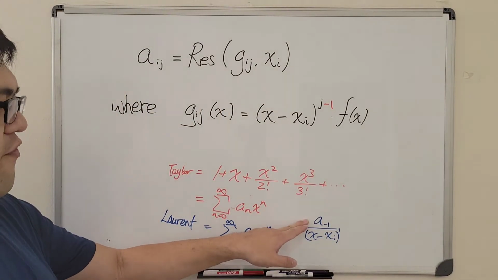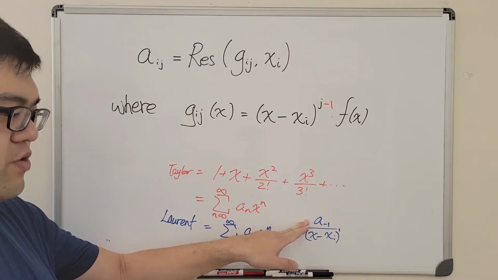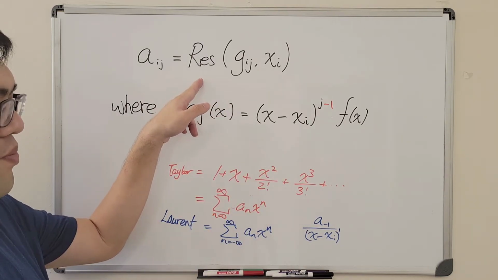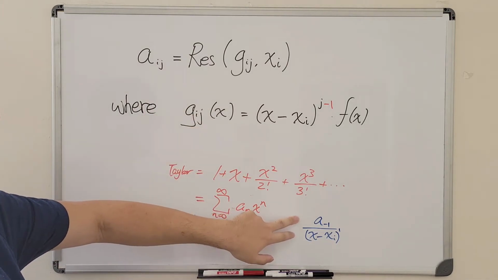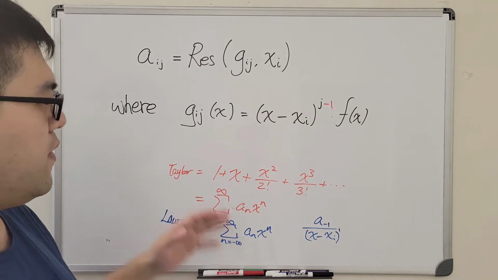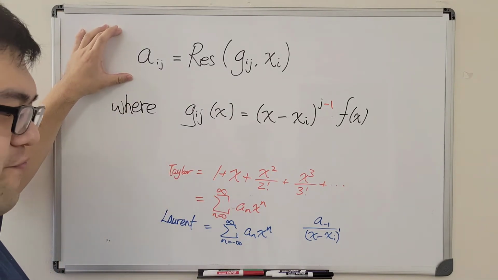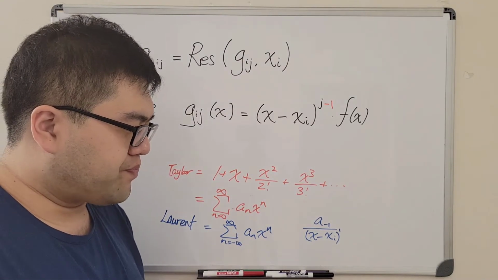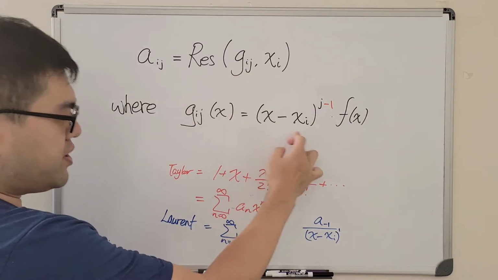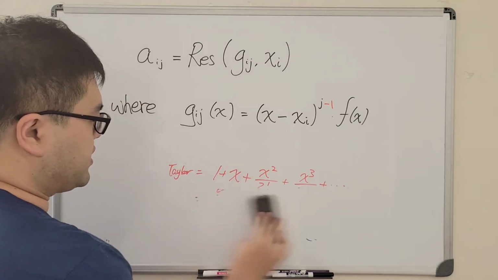And in fact, we just gave this a name, the residue. So this is where the word residue comes from, and it also gives us the idea of how we can get the expression above.